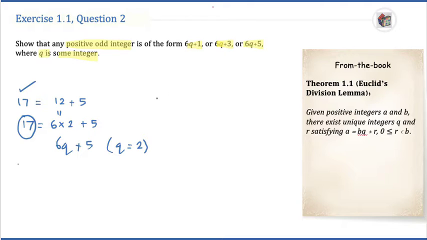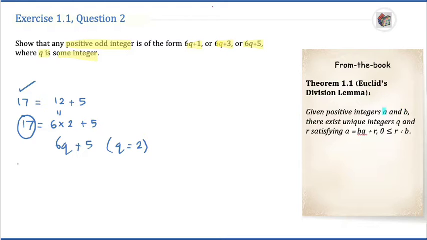So this I checked for one number. You can check it for any number. But we have to show that this will always happen. Not by checking numbers, but by giving a concrete proof. And what you will need for that is the Euclid's division lemma that you've already learned.